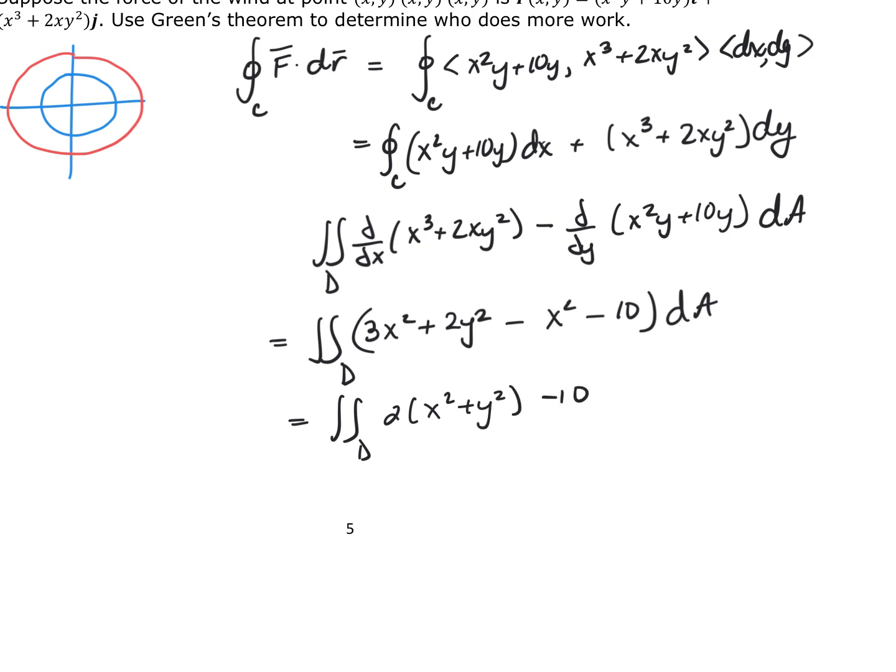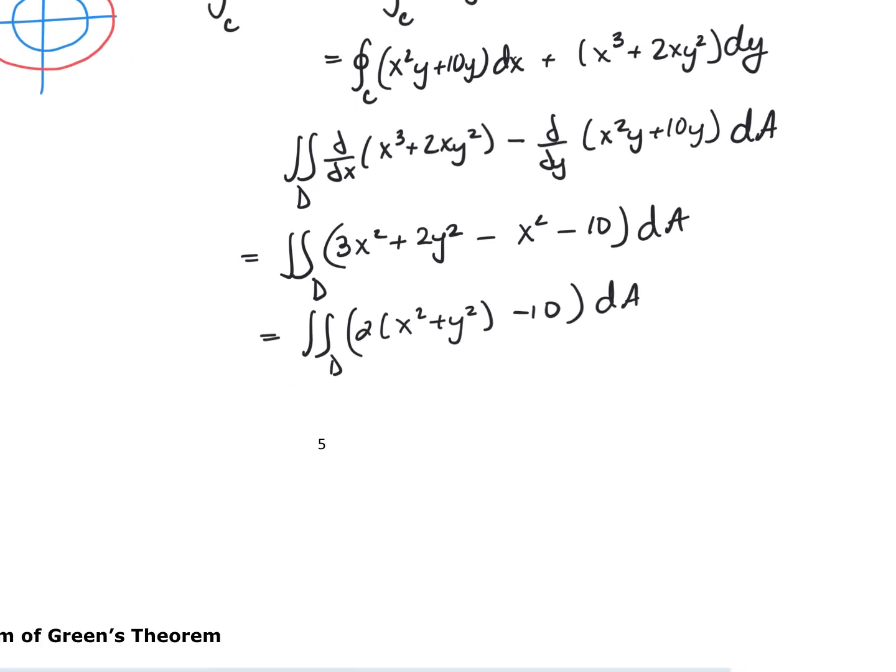Now, why am I doing that? Well, if you're thinking we probably want to go into polar, you are correct. So we're going to start with David. We're going to do David's in blue, just like before. I'm going to go from 0 to 2 pi and from 0 to 2, because that's his radius, of 2r squared minus 10 dr d theta.